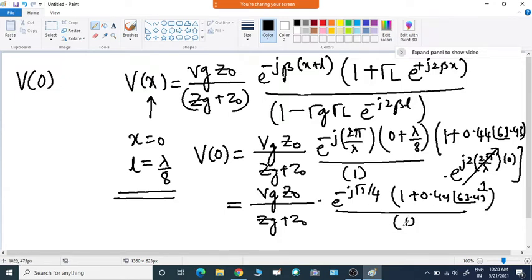Now in order to multiply, we have to convert it into polar form. For addition you have to convert it to rectangular form, then convert it to polar form, then you can multiply with this. So you are going to get the value of V of 0.